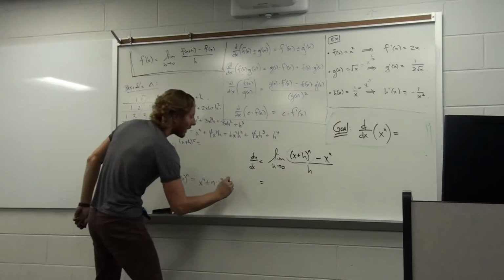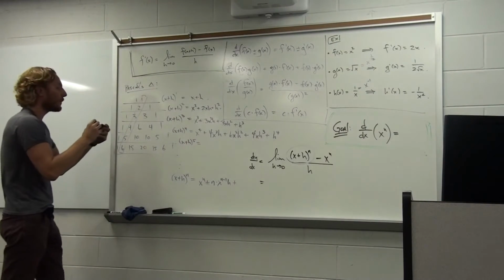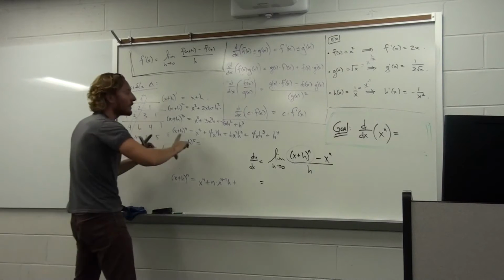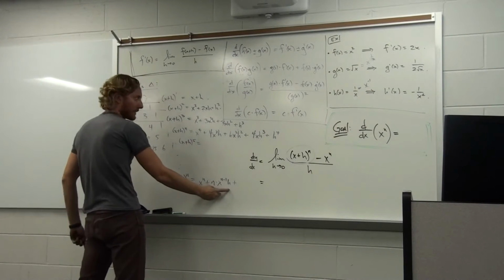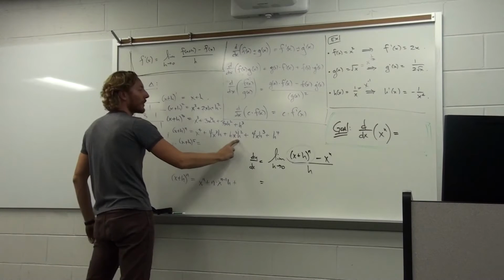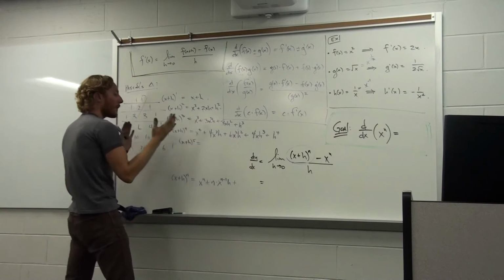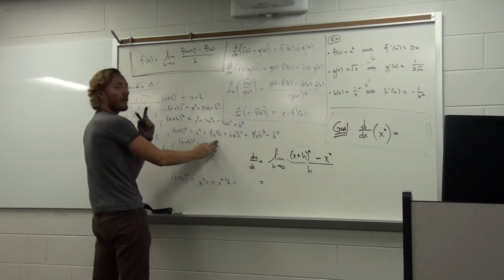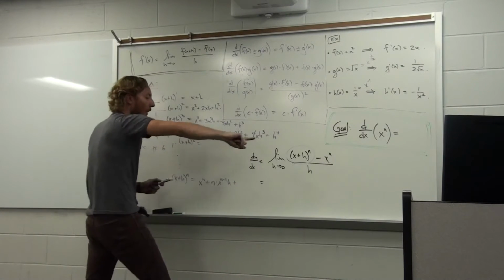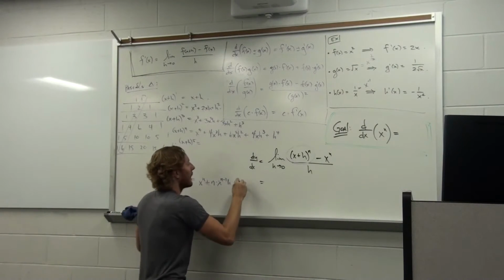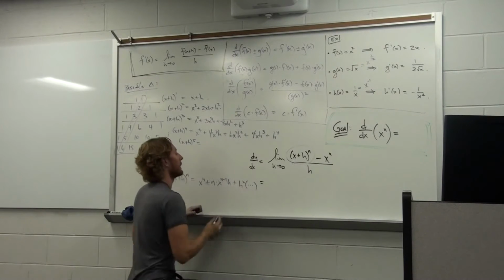There are going to be other terms as well, but what I want you to notice is, of all the terms that follow after this term, all of them are going to include an h squared, because the first term involves no h's, the second term involves one h, the third term and all terms following have an h squared.